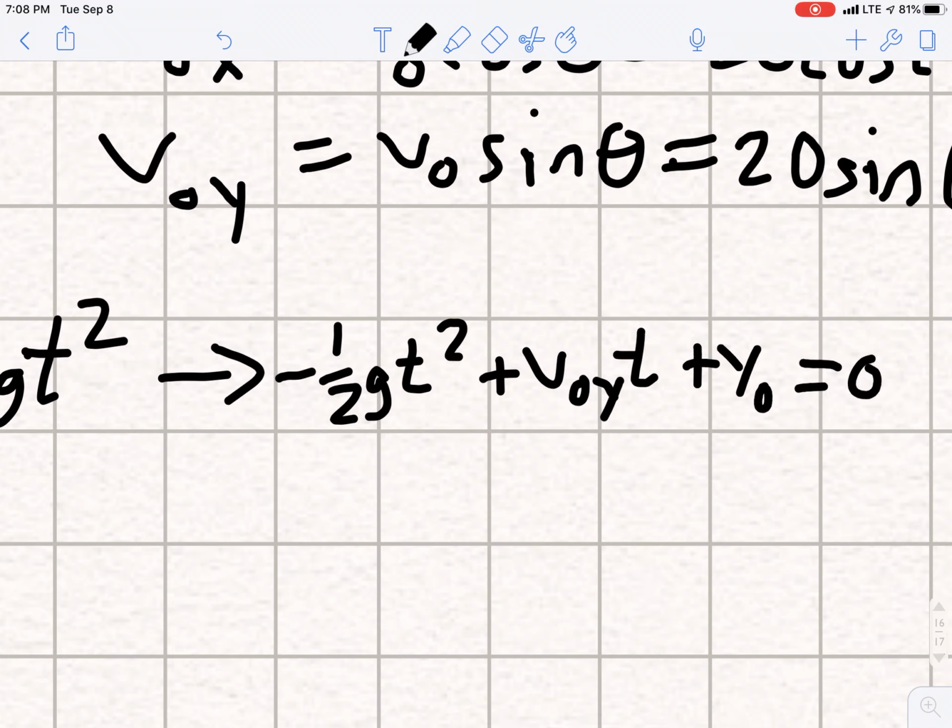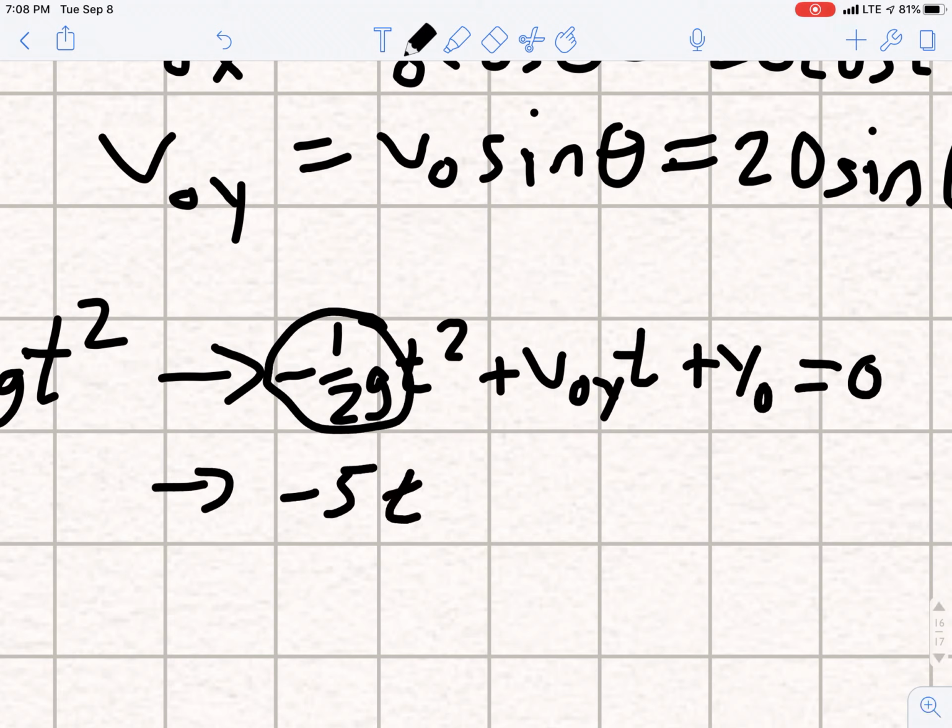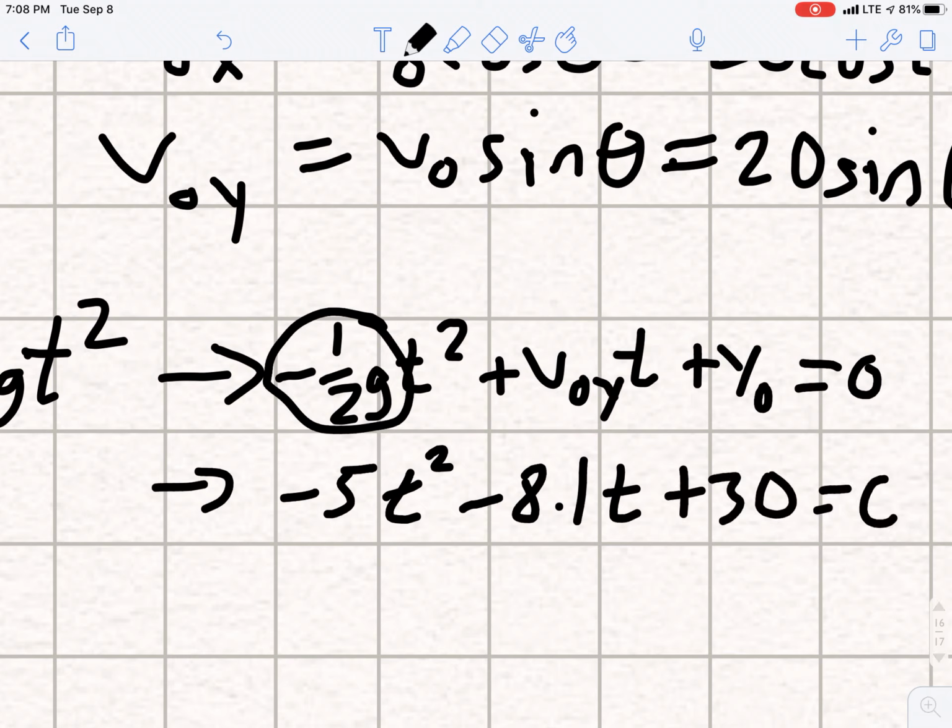Now we can go ahead and plug in some values here. Negative 1/2 g, well, g is 10, so negative 1/2 g would be negative 5, and then of course the t squared, plus v naught y, well, v naught y is a negative 8.1, so this is really minus 8.1 t, and then plus y naught is 30. The cliff is 30 meters high.